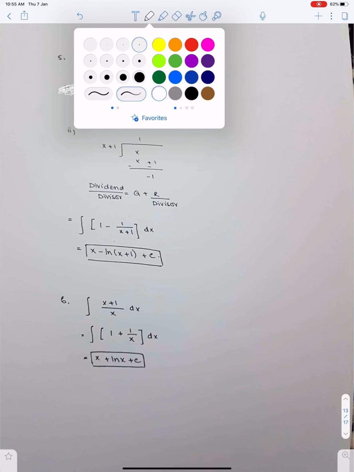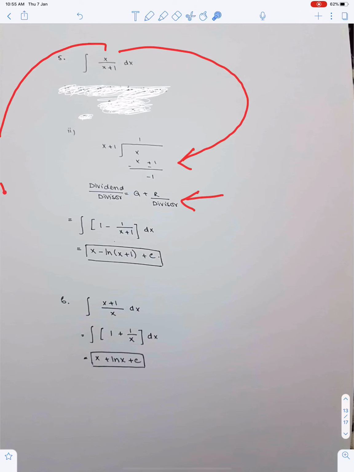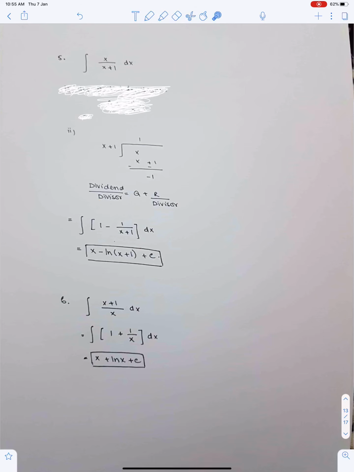See, this is just one factor. So go for long division and then use the remainder theorem to split the fraction, and then you can easily integrate this.